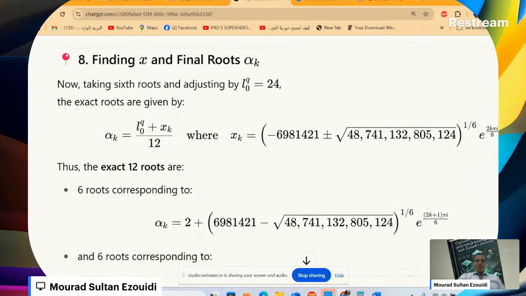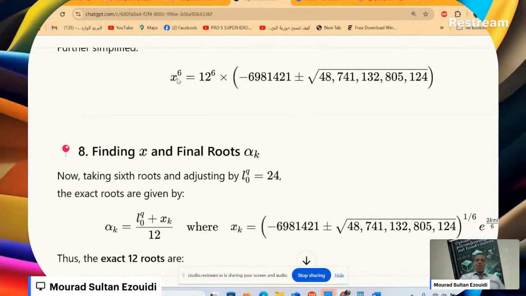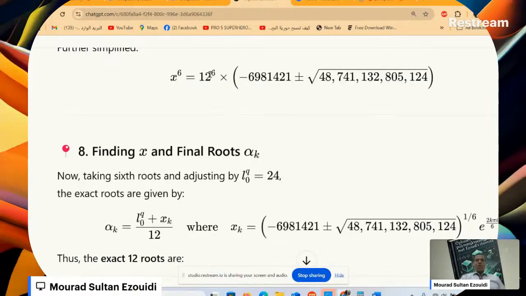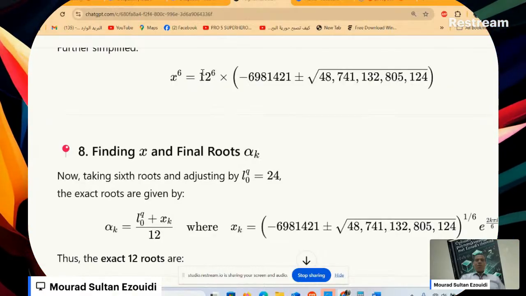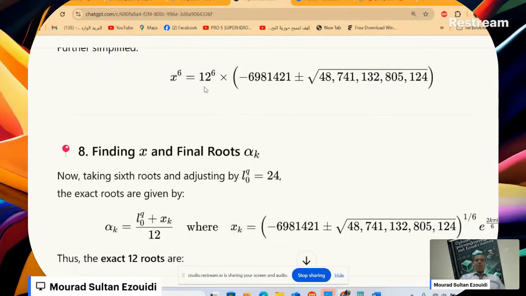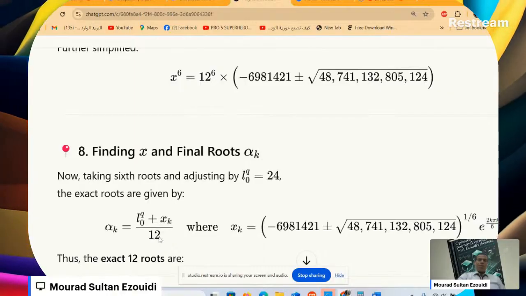Plus, you see this one, the sixth root of 12 raised to the power 6 is 12. So 12 raised to the power 6, all raised to the power 1 over 6 will be only 12. That's why it has to be simplified by the denominator here. Okay?